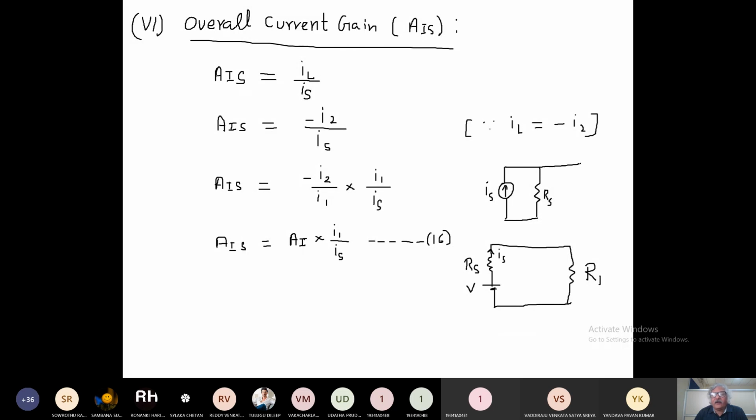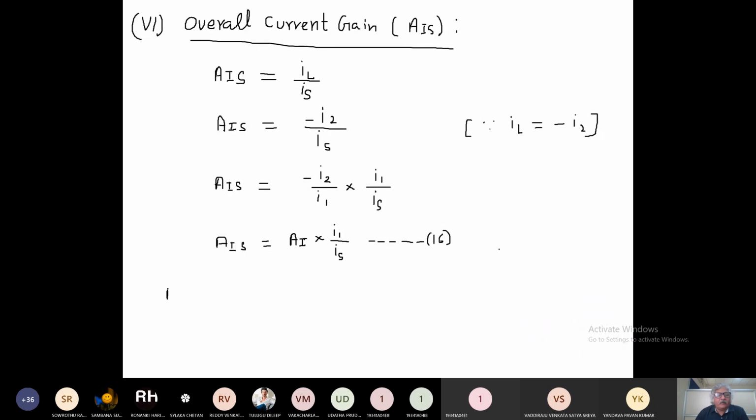After this, we can connect our R1. In this way, we can do this. Now the same approach we will apply for the input circuit.